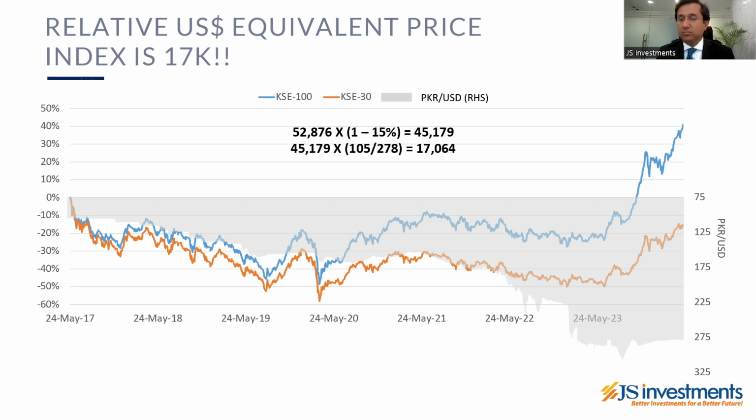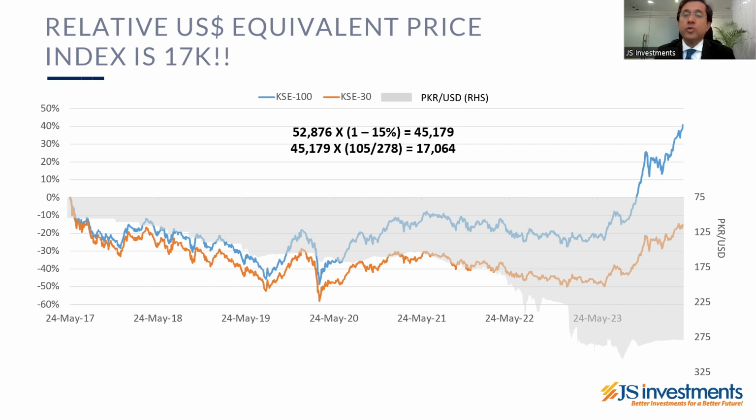And if you make the comparison with the KSE-100 index, and I apply the KSE-30 return index to the 100 index, the equivalent level comes to around 45,000. So in simple terms, if we exclude all the dividends from the KSE-100 index since its last high, the index is presently hovering at around 45,000.